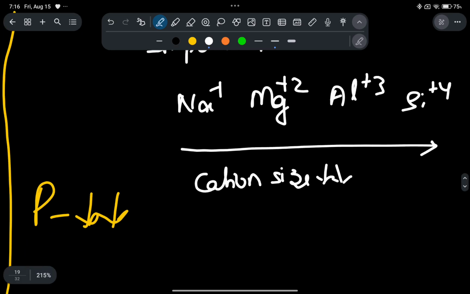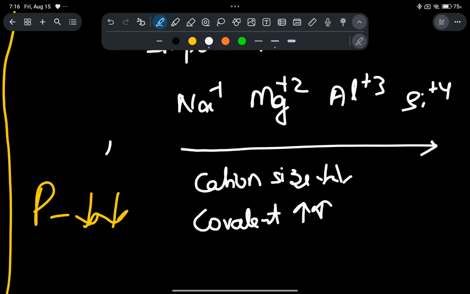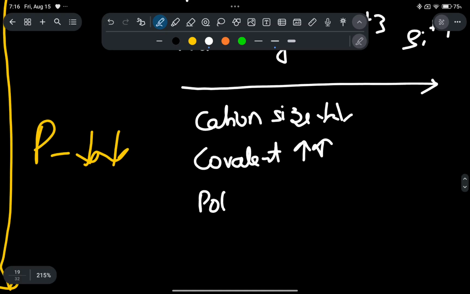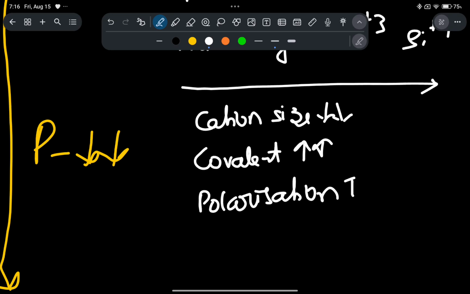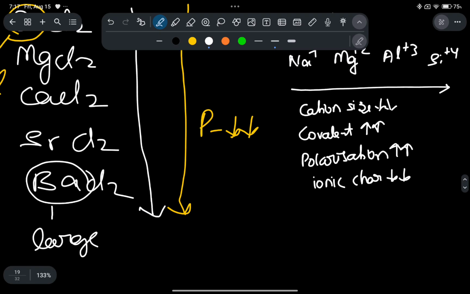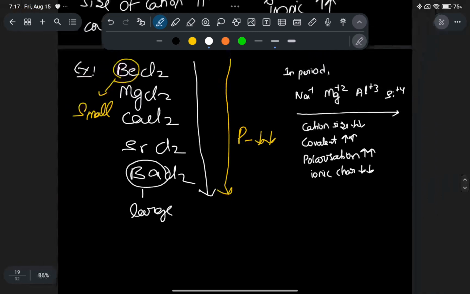So covalent character increases, and polarization increases. So ionic character decreases because cation size decreases. It favors covalent character more. Covalent character increases, polarization also increases.